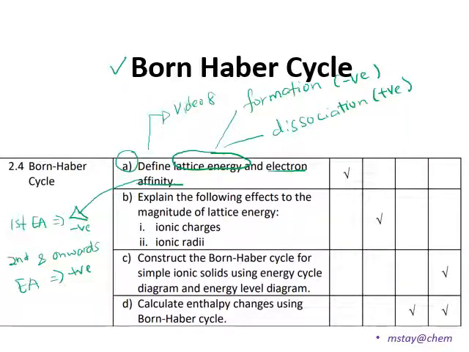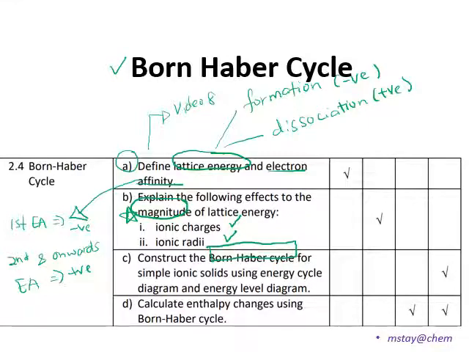Then learning objective B is where we have to explain the factors affecting the magnitude of the lattice energy. These are the two factors: ionic charges and the radius of the ions. Next is the main content of this video, construct the Born-Haber cycle.